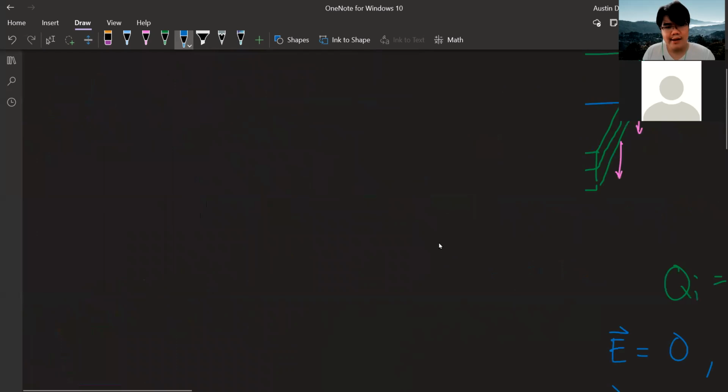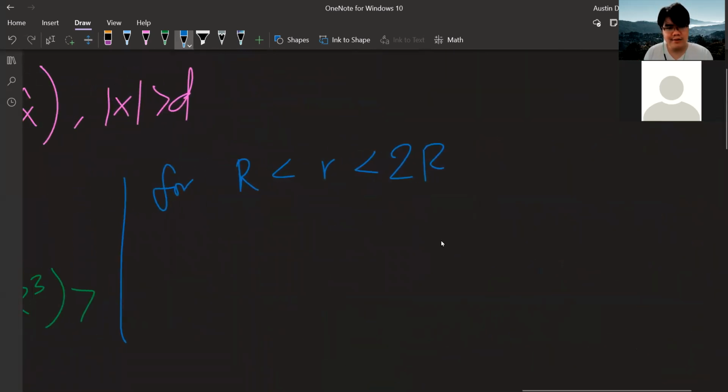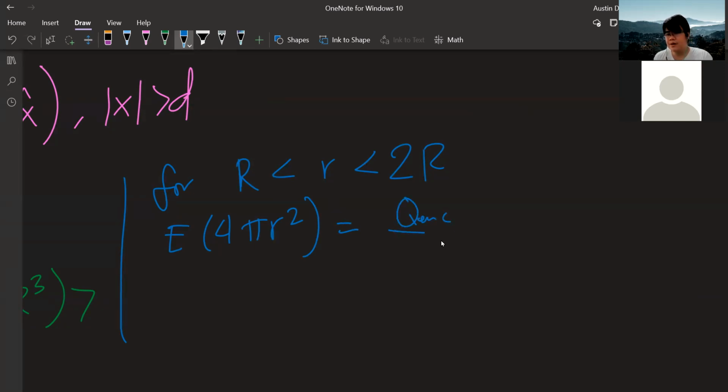And then, let's just do Gauss's law. Okay, Gauss's law tells us that this is E times 4 pi r squared and must be equal to the Q enclosed over epsilon naught.